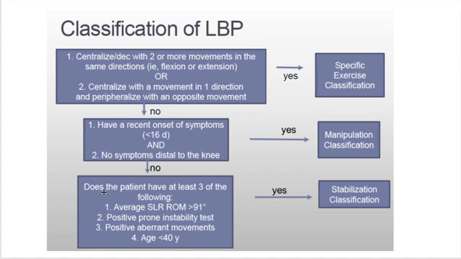If they have the following signs, where they have the prone instability test as positive and positive aberrant movements, they're younger, and they have an SLR that's quite high, it's indicating that their muscles are having trouble stabilizing their back, and that may be one of the reasons for their pain. And so then they're put on a stabilization program, which has some benefits in terms of pain relief.